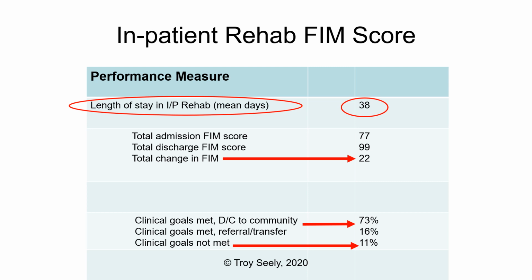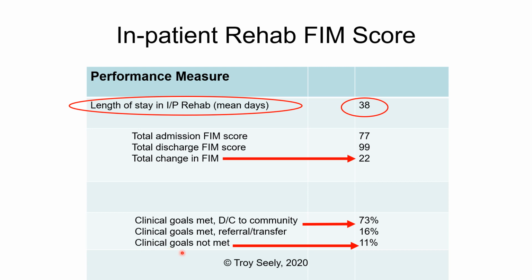There will be a minority of patients that, in comparison to the goals that were developed based on the initial admission FIM score, can meet those goals partially, but may require a little bit more help, so a referral to other ongoing rehabilitation services in the community, or a transfer, so that the individual may not be able to go back to their home, but may require long-term care.